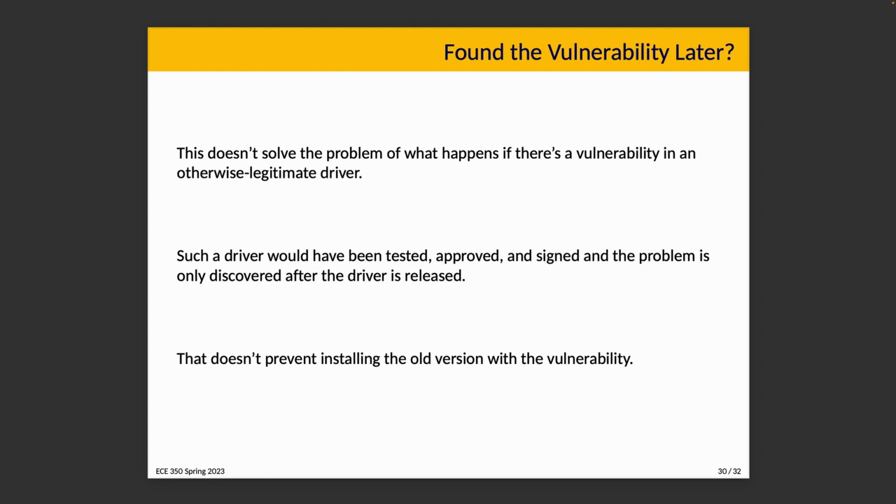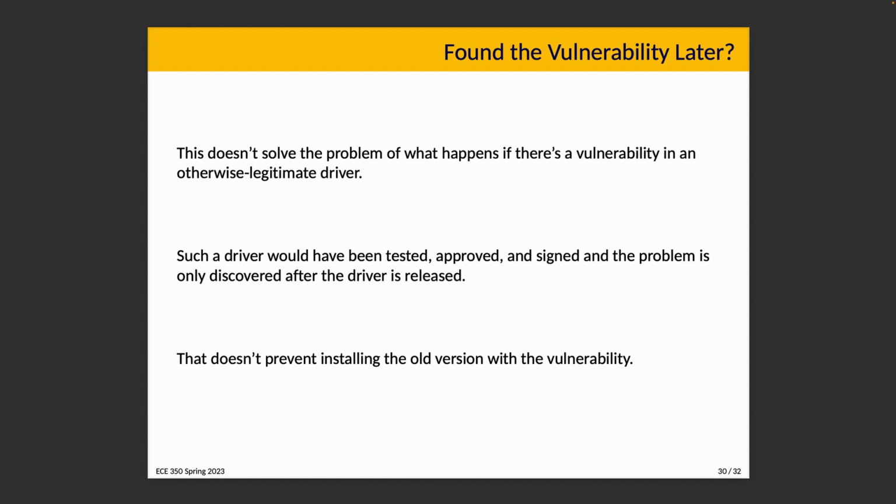So what do we need to solve that? Yeah, I mean, to solve that, we need a concept of revocation. And revocation is nothing more than being able to revoke the approval of a driver that we now know is vulnerable. And that's not anything that should be super difficult, and yet.